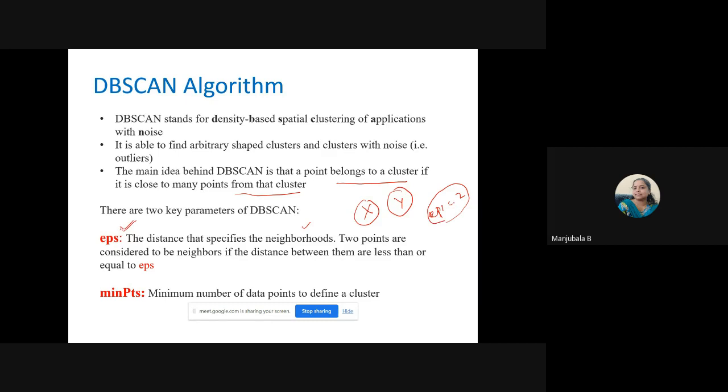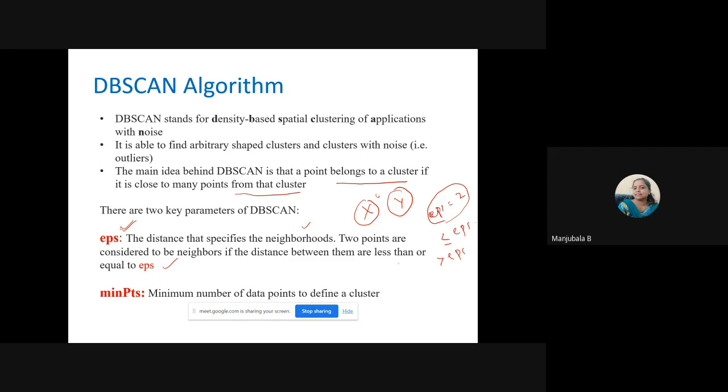If the Euclidean distance between these two points X and Y is 2, we can say that X and Y are neighbors of each other, right? So two points are considered to be neighbors if the distance between them is less than or equal to EPS. If the distance between two points is greater than EPS, then we cannot say those two points are neighbors of each other.